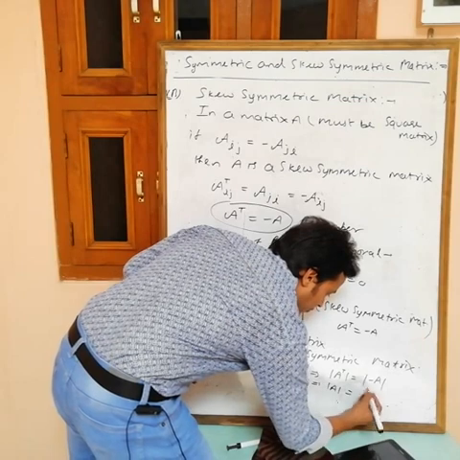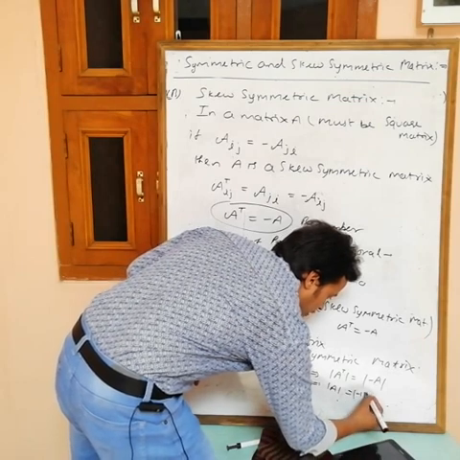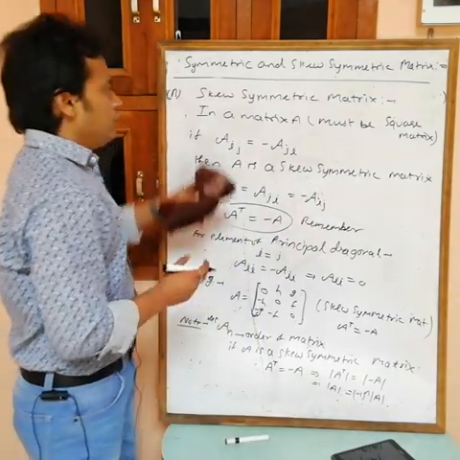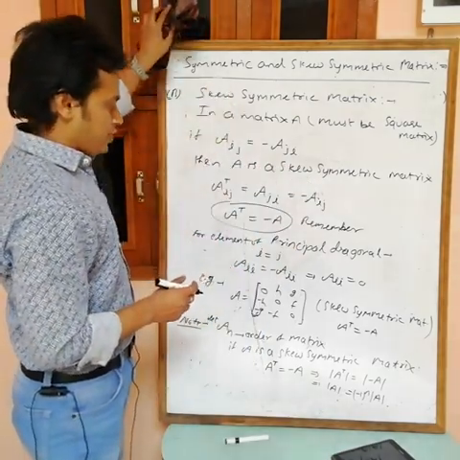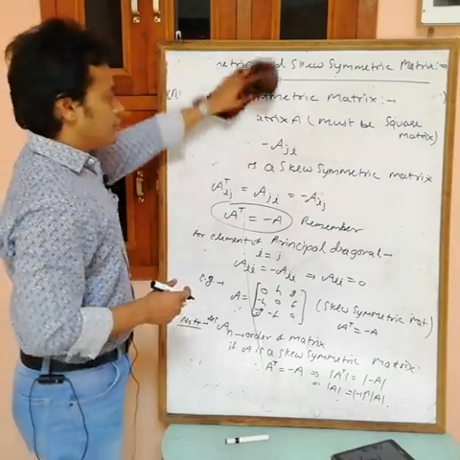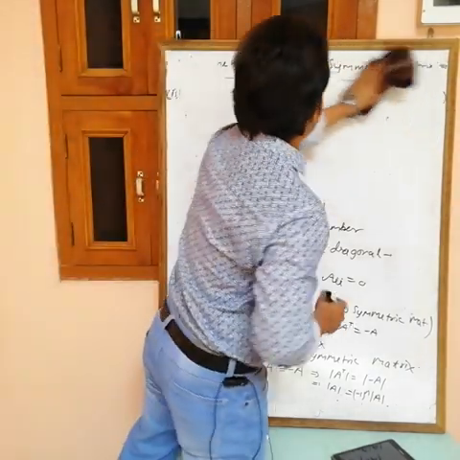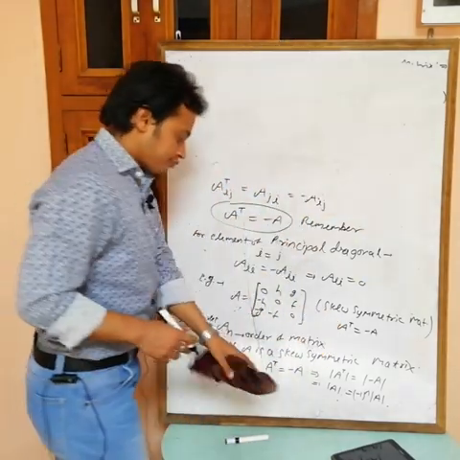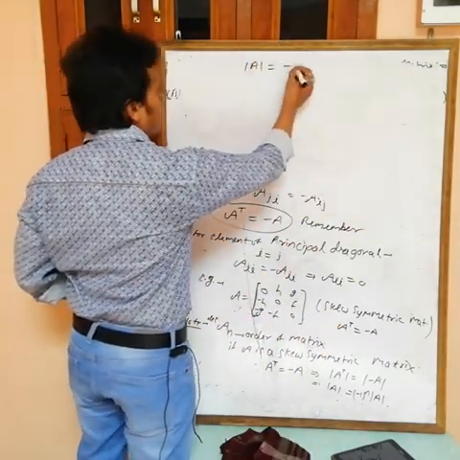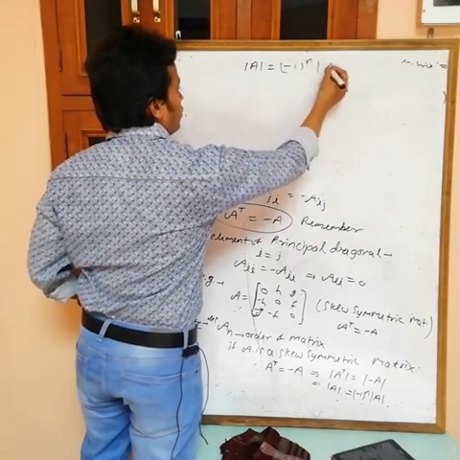So you will get minus 1 power n into determinant of A. So we are getting that determinant of A is equal to minus 1 power n determinant of A.